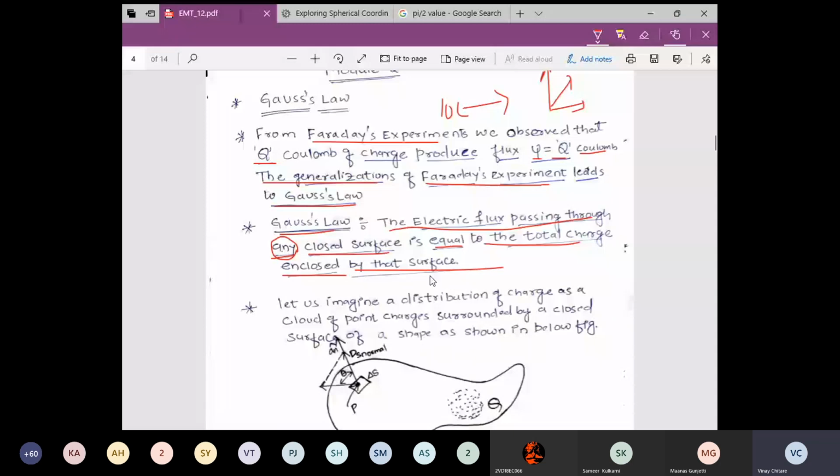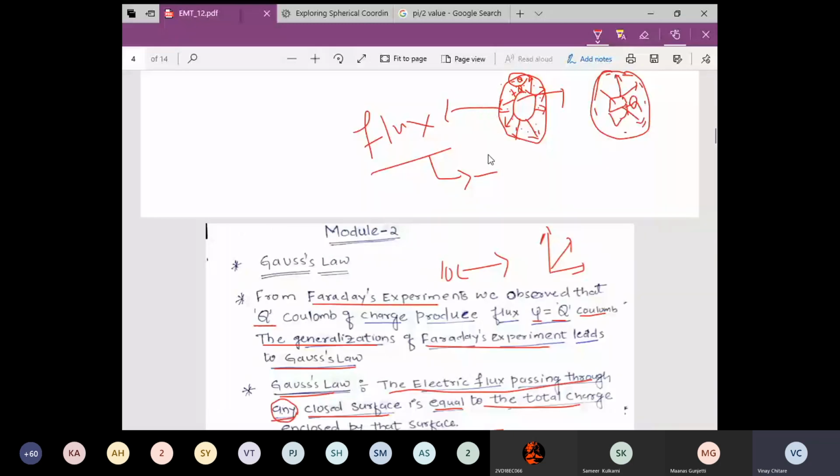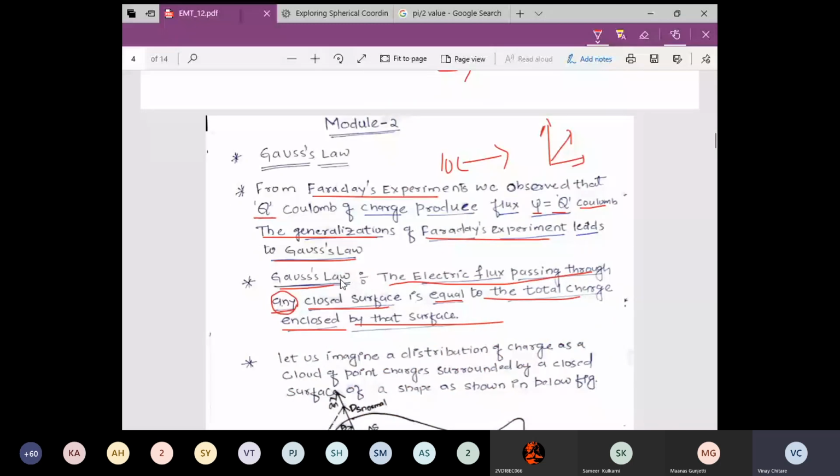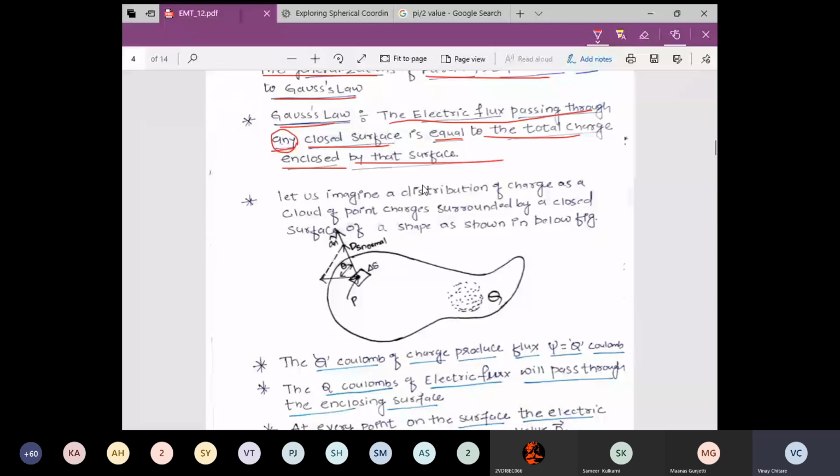That's quite simple. Whatever we saw in Faraday's experiment, we can put in a statement. But the contribution of Gauss's law is not this statement; he derived the mathematical expression for whatever we observed in Faraday's experiment.